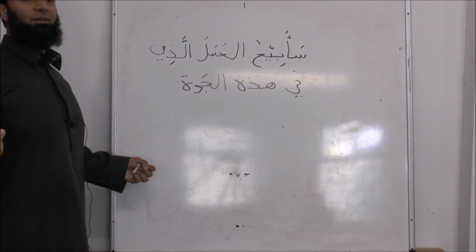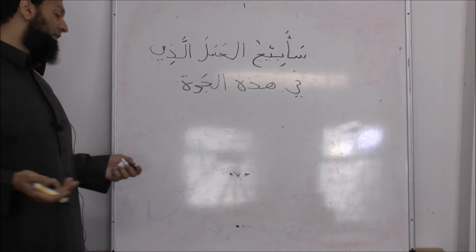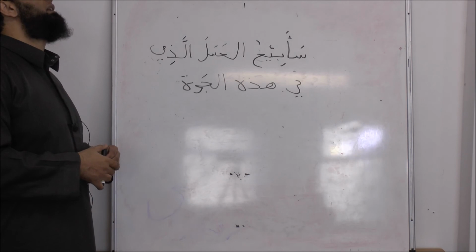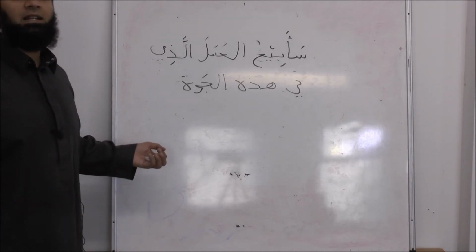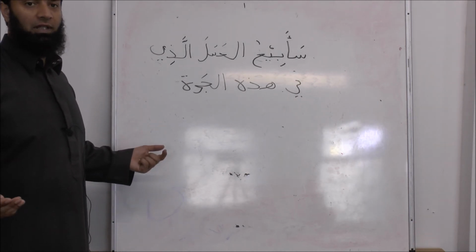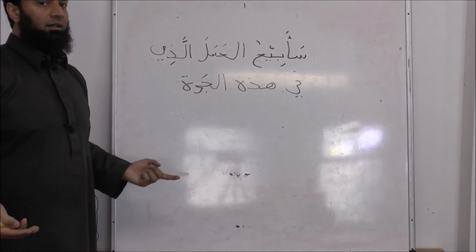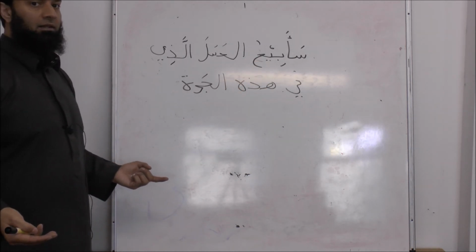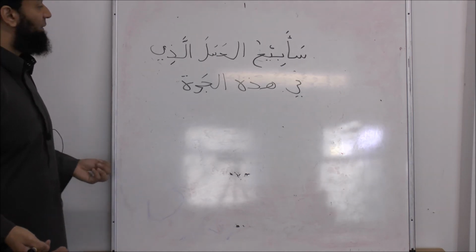We've done alladhi, allati, alladhina. You read it all the time in Al-Quran. Inna alladhina. What does alladhi mean? Which. Well, that's another word for which, when you're asking a question, ayyu. Right.